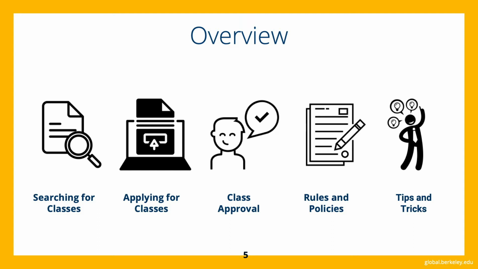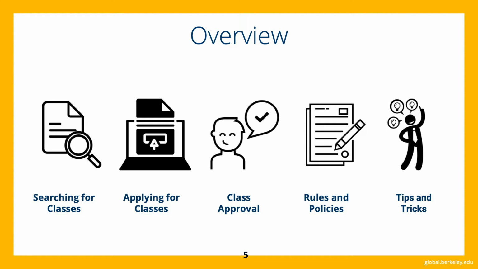In order to help guide our discussion on academics at Berkeley, we have 5 topics that we would like to talk about today. First, we'll start with how to search for classes at UC Berkeley and provide an overview of our different course modalities in response to the ongoing pandemic. We will then talk about how you will apply for classes through concurrent enrollment, followed by the approval process.